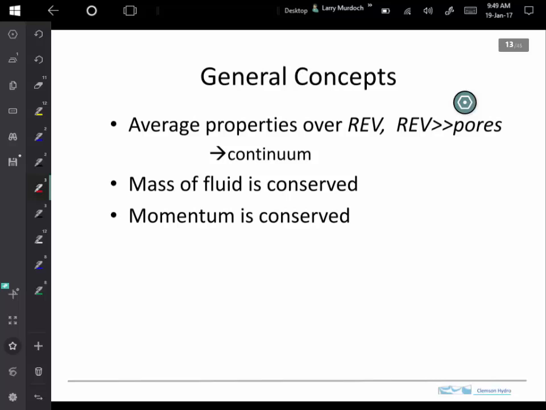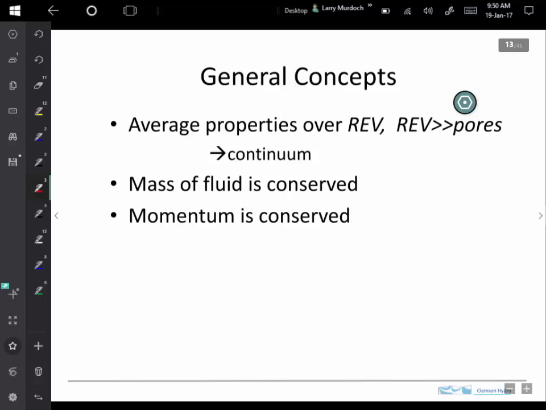And so that'll form an important basis. I want to show you, though, one of the consequences of that is just how we get the governing equations to work at this continuum scale. But that'll be an important concept.